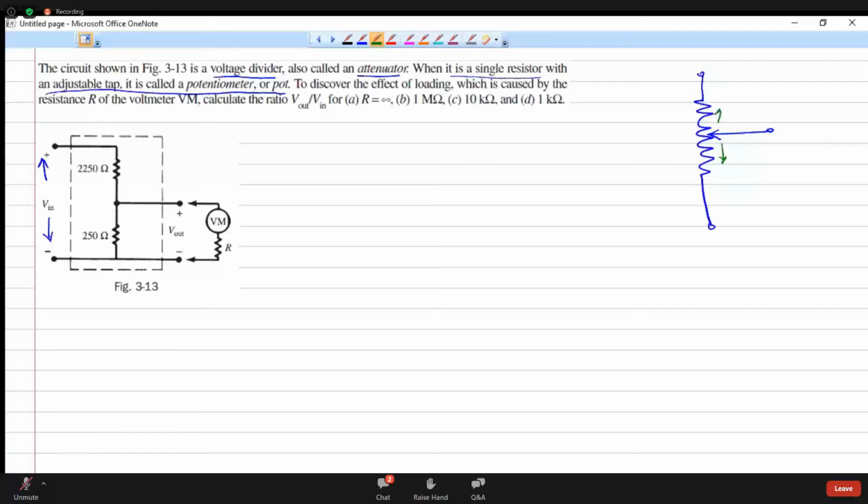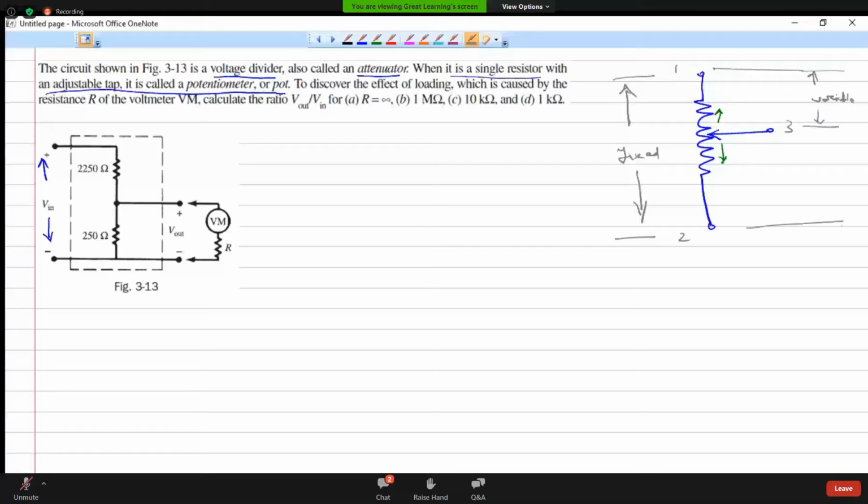As we move this, we will get a variable resistance across the terminals. Let me label the terminals 1, 2, and 3. The resistance across 1 and 2 will always be a fixed resistance. Whereas if we take the voltage or resistance across terminals 1 and 3, we can get a variable resistance.